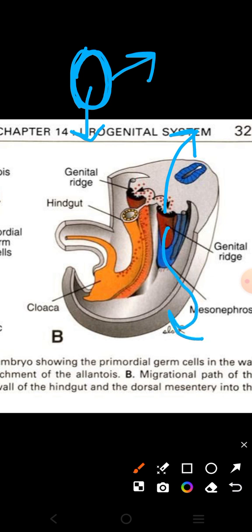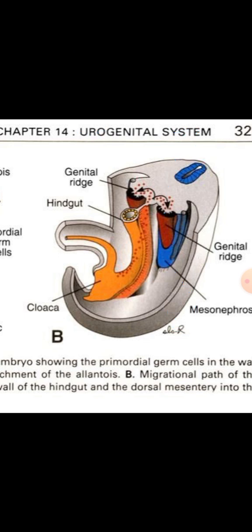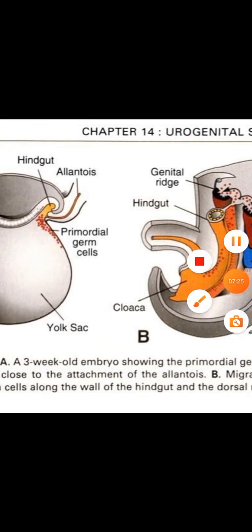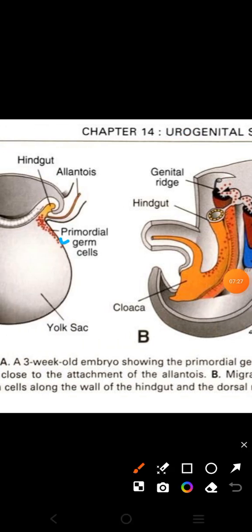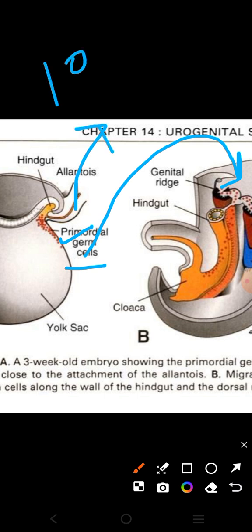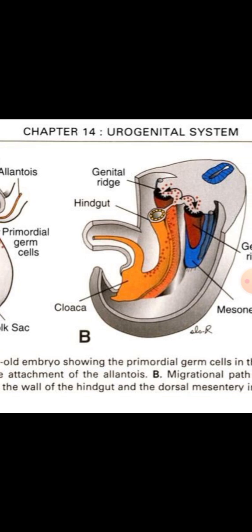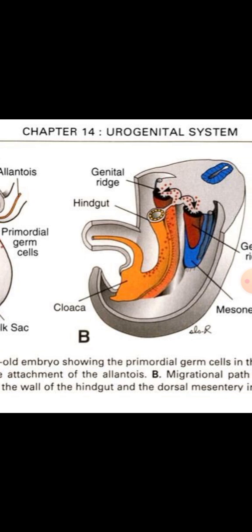Now just see these primitive germ cells. These primitive germ cells that are present in the wall of the yolk sac migrate into this genital ridge. Primitive germ cells in females are primary oocytes. After going into the ovaries, these primary oocytes develop into primordial follicles, right?